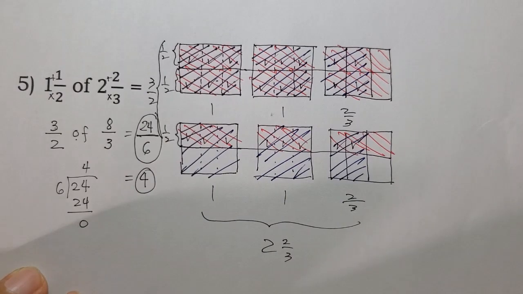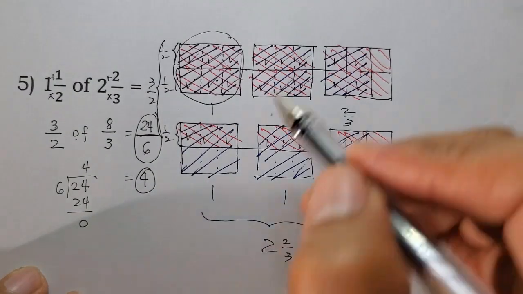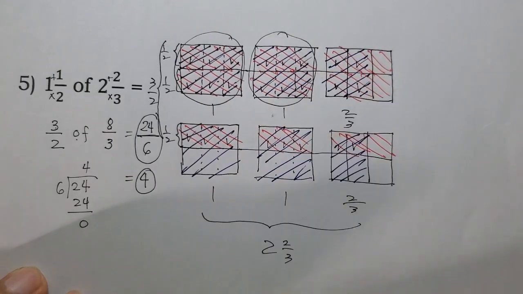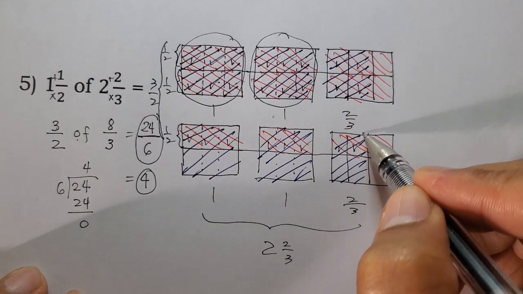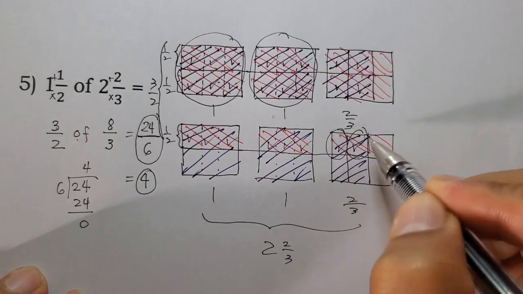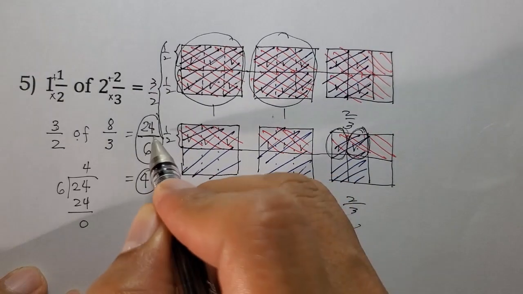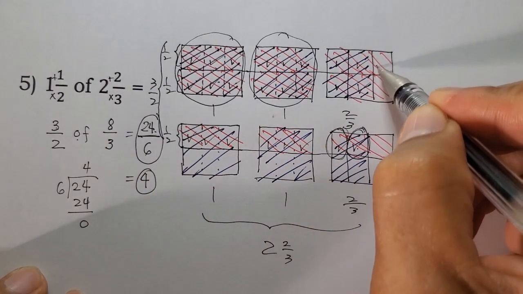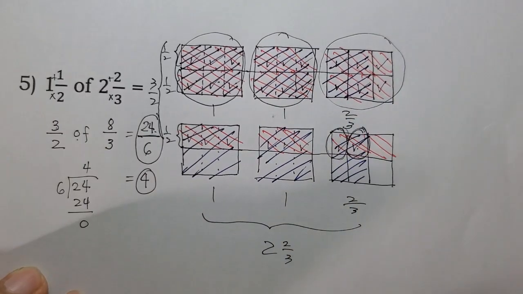Now, where is that 4 wholes, or 4 1 whole, here in our illustration? This is 1. This is 2. And if you will just transfer these two portions here, which are counted also, or that belong also to 24, if you will transfer it here and here, so this will also make 1. Am I right?